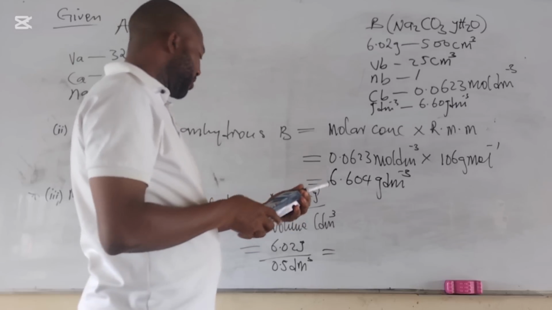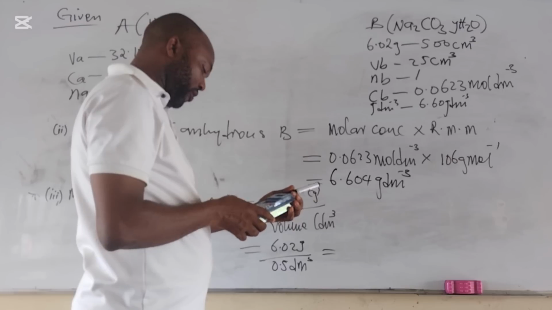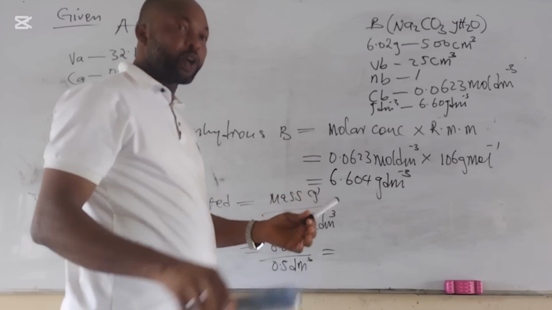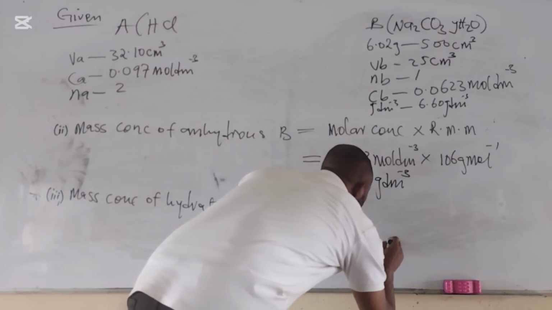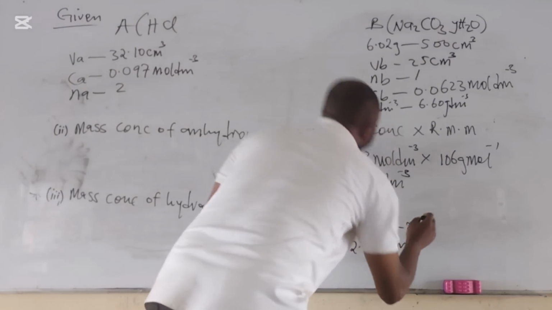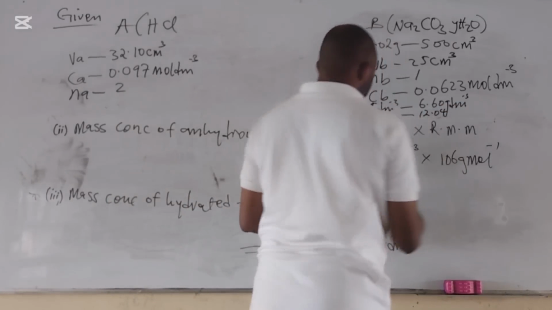Oh, sorry, not 500. 6.02 divided by 0.5 is 12.04 g/dm³. So this is for the hydrated.